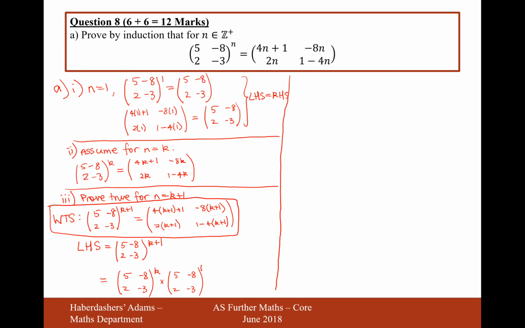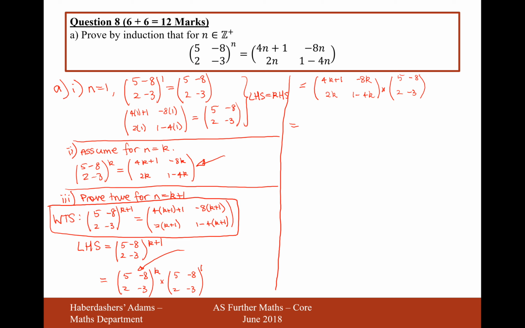So now I'm going to use my assumption step here, because I've now got my matrix to the power of k. So this is going to equal 4k plus 1, minus 8k, 2k, and 1 minus 4k. And that's going to then multiply by (5, -8; 2, -3).